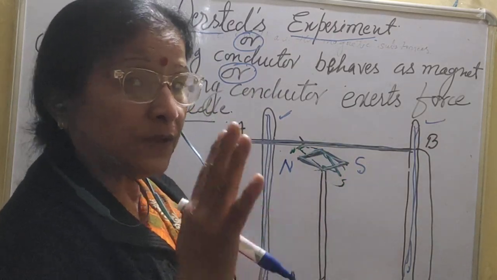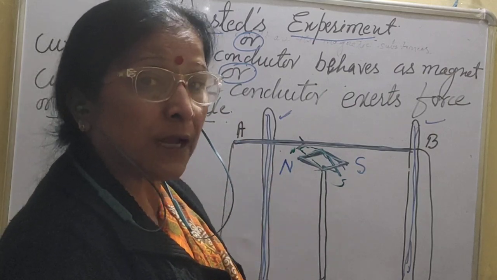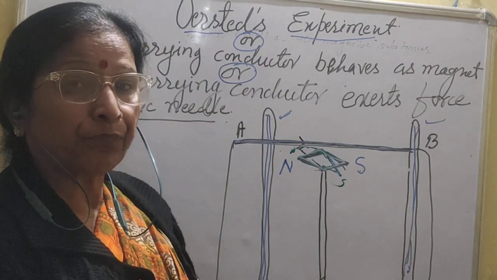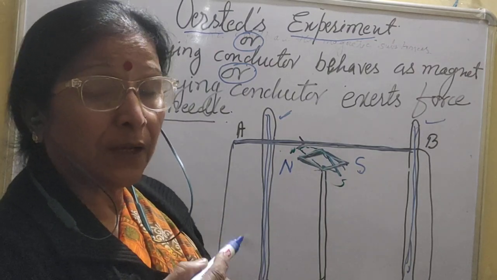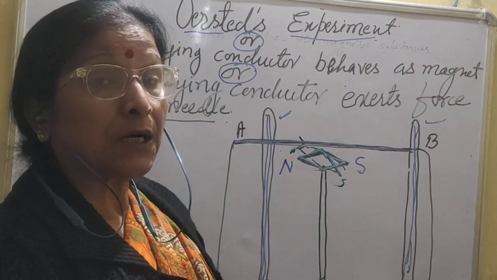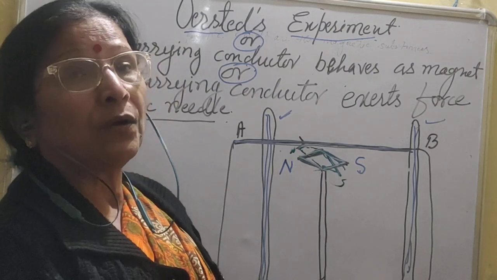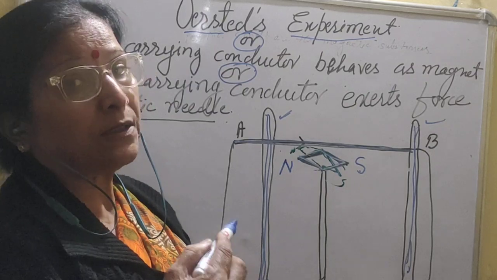So three things we can conclude from this activity: that a current carrying conductor behaves as a magnet, a current carrying conductor exerts force on the magnetic needle, and a current carrying conductor causes motion in the magnetic needle.